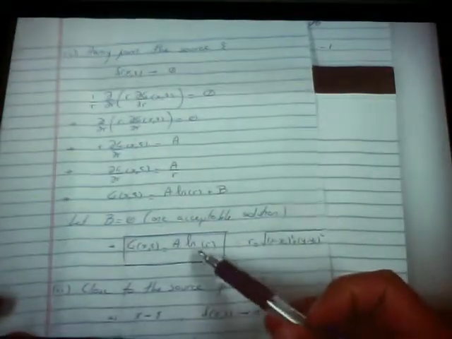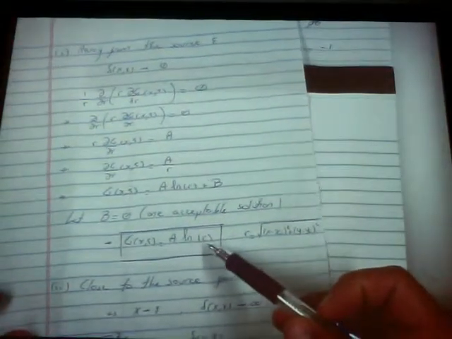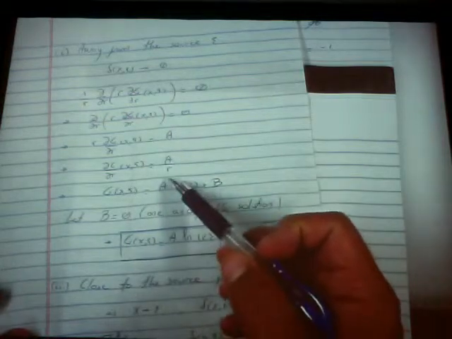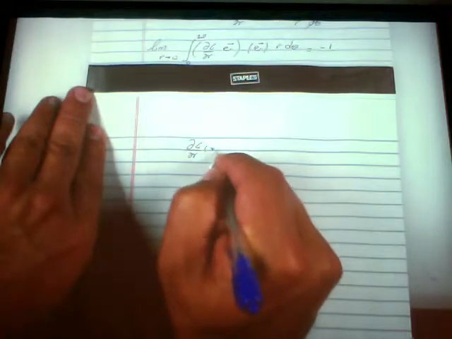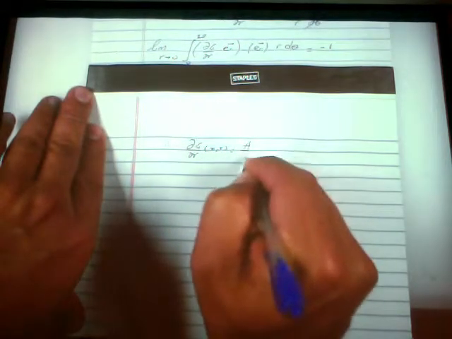So remember that g is equal to a log of r. Therefore the dG/dr is a over r. Such that dG/dr is equal to a over r.